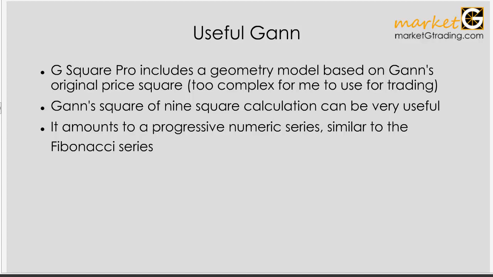The retracement levels are derived from a numeric series. Compared with Fibonacci, the Gann square of 9 model, which he didn't invent, he borrowed, is a lot less progressive, but mildly progressive, I would say.